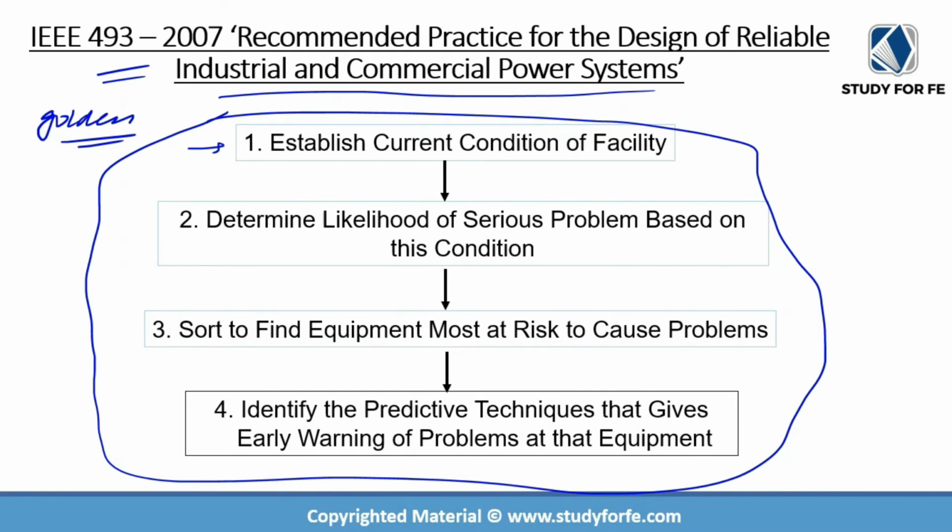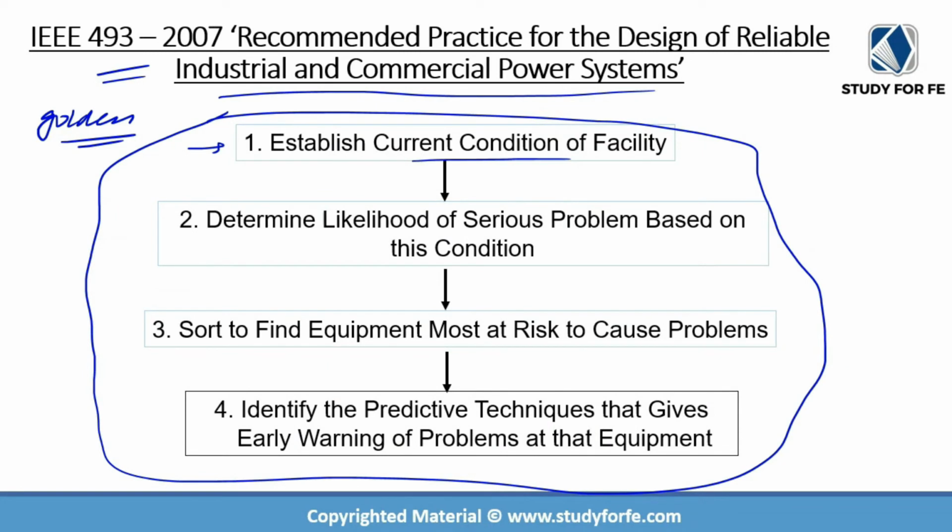You'd be surprised how many facilities don't have a good handle on this, or how many operations and maintenance engineers don't start out with a very detailed catalog of the condition of every piece of equipment, because in a lot of cases enough attention is not dedicated to it. So the first step is to understand what you're dealing with.